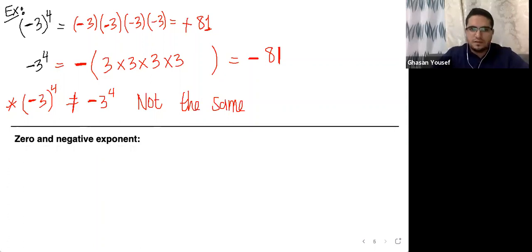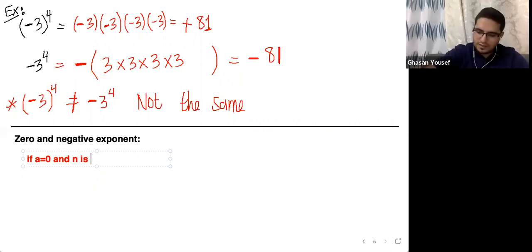The definition says, if I have a real number a not equal to 0, and n is a positive integer, not numbers, because when I say number, I mean all real numbers. The positive integer is the same as the natural number.